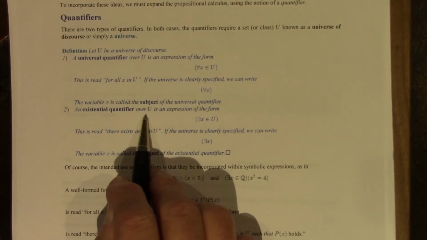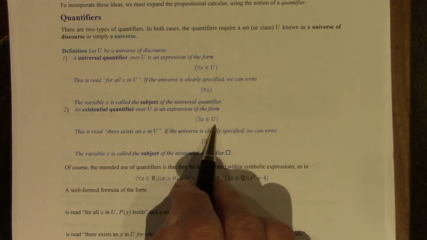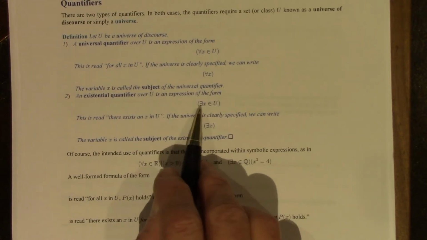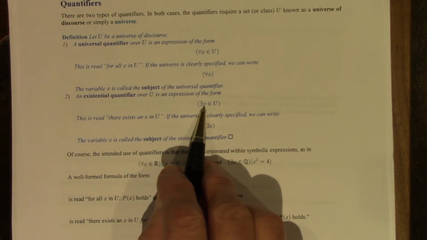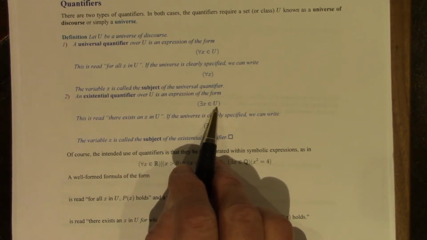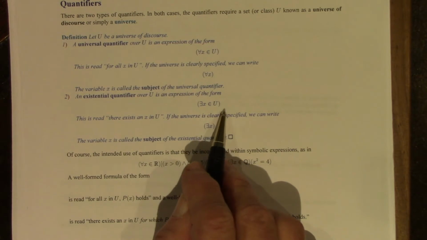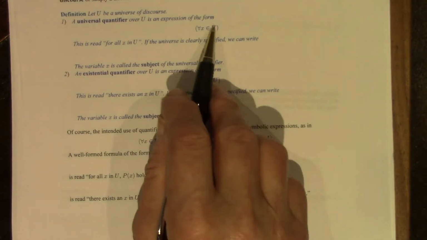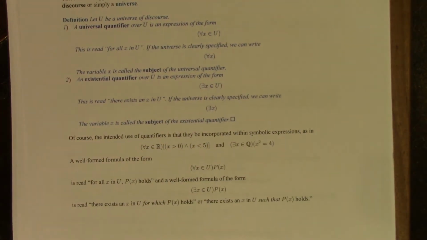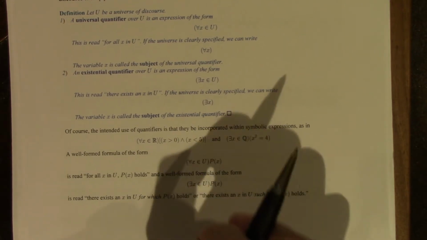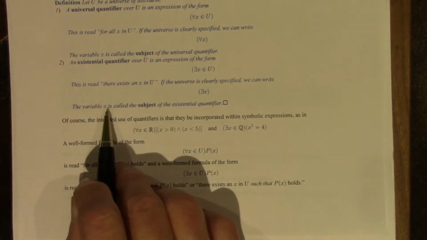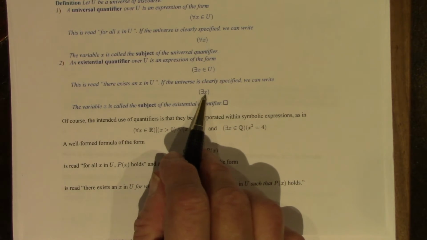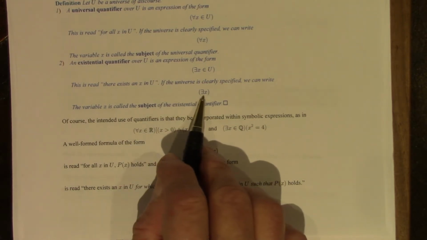An existential quantifier over universe U is an expression that looks like this, and it is read, there exists an x in U. And again, if the universe has been clearly specified, we can just write there exists x. And notice that everything is enclosed in parentheses for reasons that will become apparent as we continue. Also, in this case, x is called the subject of the existential quantifier.